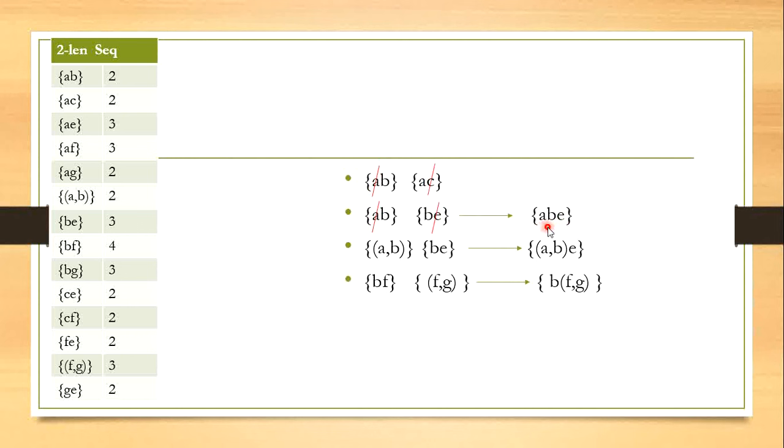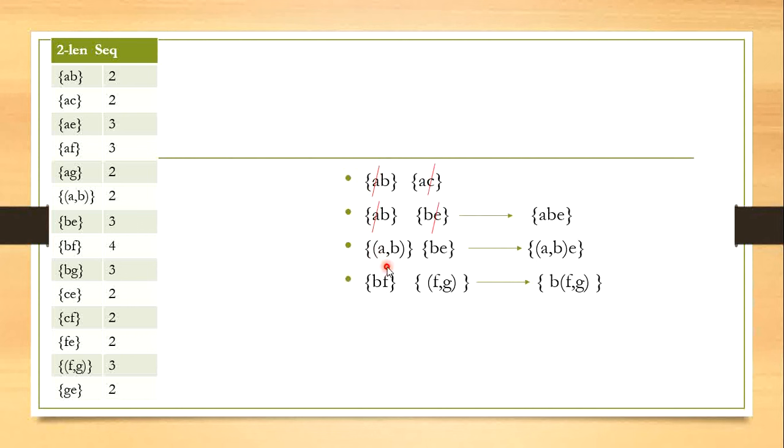A is in one transaction, B is in one transaction and E is in one transaction. Why? Because in S2, B is in one transaction and E is in another transaction. That is the reason why when we combine these two sequences, we maintain that B should be in one transaction and E should be in one transaction.